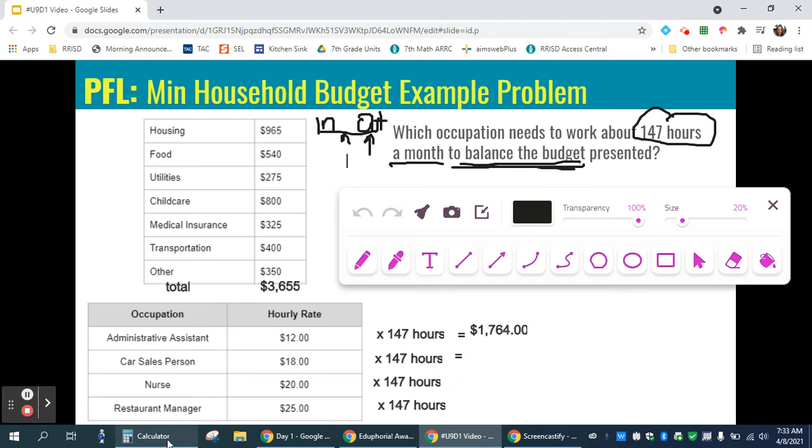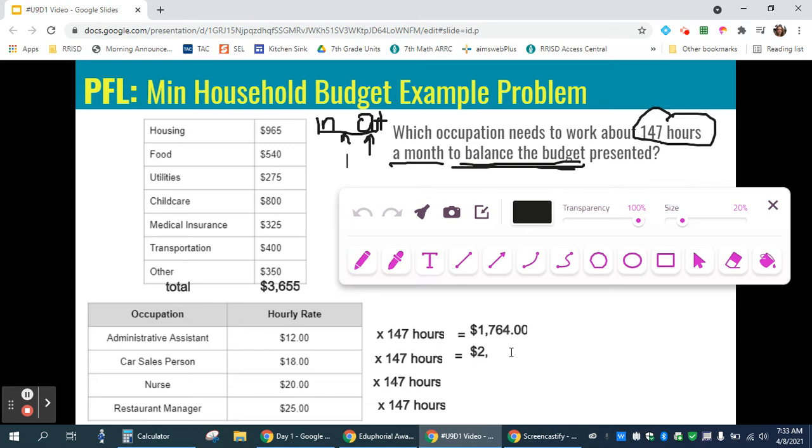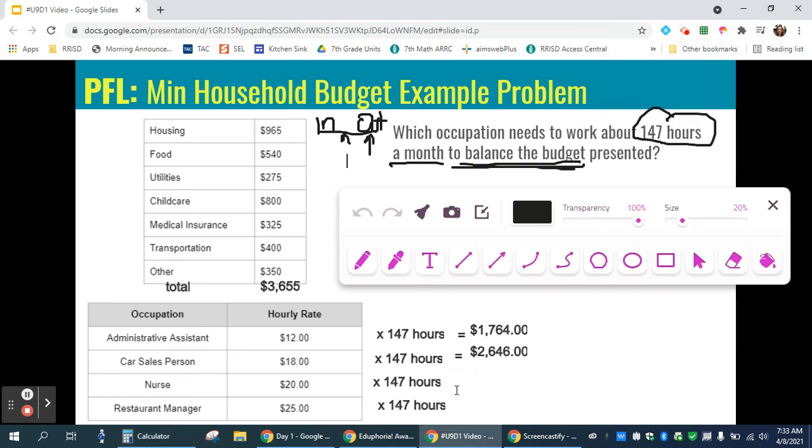Let's check $18 an hour. 147 times 18 is 2,646. Still not quite there. I wonder if the nurse, we're getting closer. Let's see, 147 times 20 is $2,940.